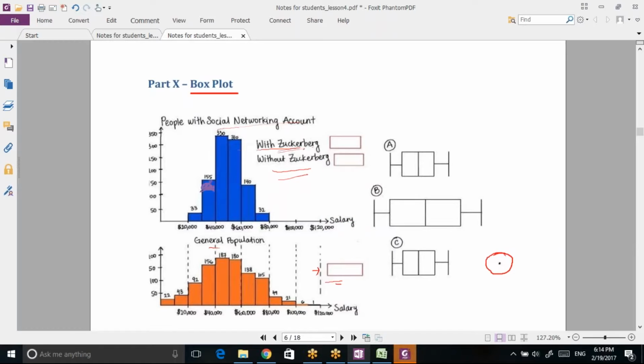Another one is for the same social networking account people, but without Zuckerberg's salary. So you have to match which box plot is for which condition. Give it a try, then we'll discuss quickly. It's not that difficult, it's easy.